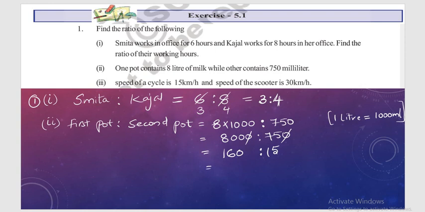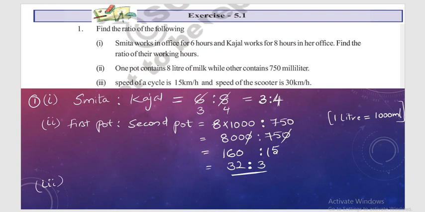Again in the 5 table we can cancel it, no? 5 3s are 15. So 32 times, and this 3 times. So the answer is 32 is to 3. There is no further cancellation.